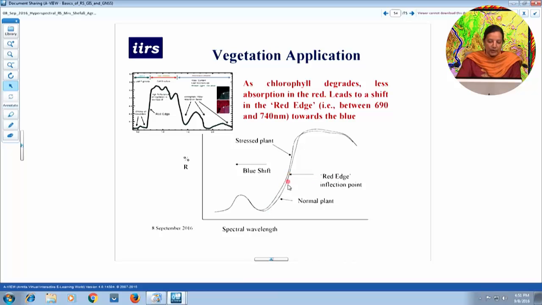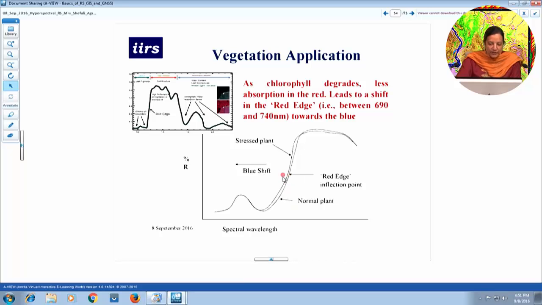This is the red edge point, where the sudden rise occurs in the infrared, from dip to rise. Now if this red edge shifts towards the lower wavelength, then we say the vegetation is stressed. If the red edge shifts towards the longer wavelength, then it's healthy vegetation.